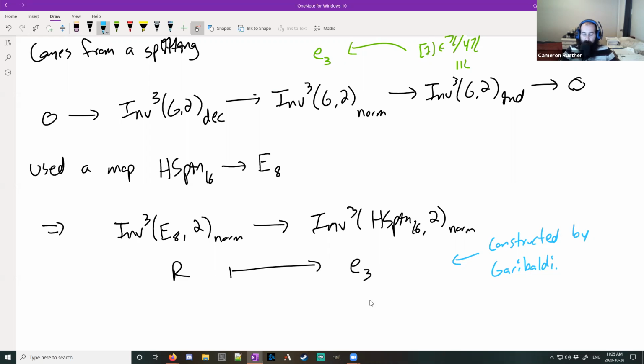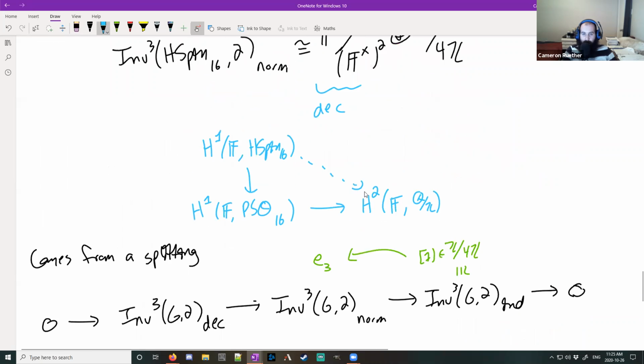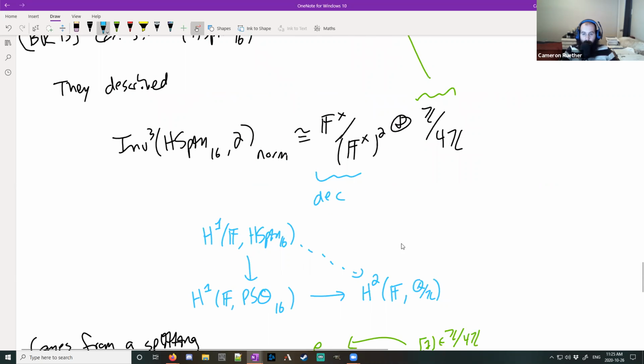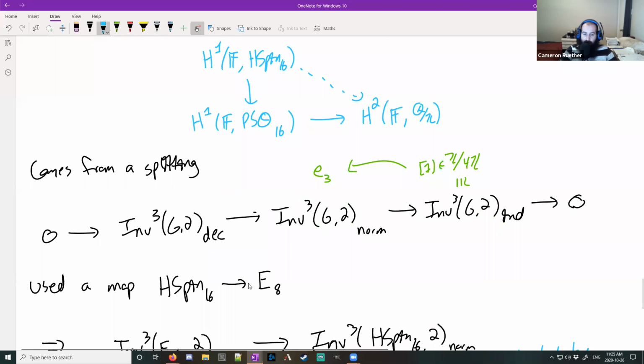So they have this non-decomposable invariant of HSpin 16, and they show that it produces the correct splitting. And so that splitting then gives you this direct sum description. Now, I was able to generalize this beyond HSpin 16 to any HSpin, similarly by producing a splitting of this sequence, but obviously not by using E8.